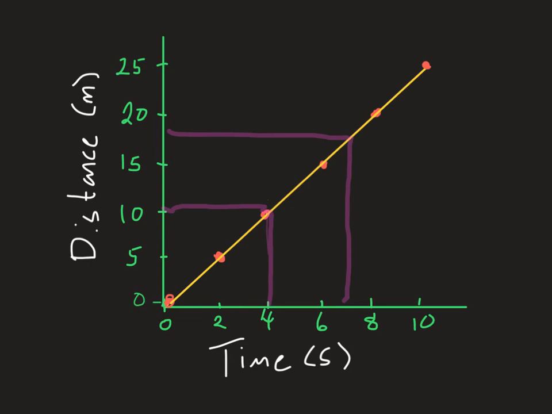Remember what we said, that how steep the line is tells us how fast it's moving? It turns out that we have a measurement for steepness, which is the slope. So the slope of a line tells us how steep it is, and it turns out that in physics, the slope of the line happens to tell me the speed that we're traveling.